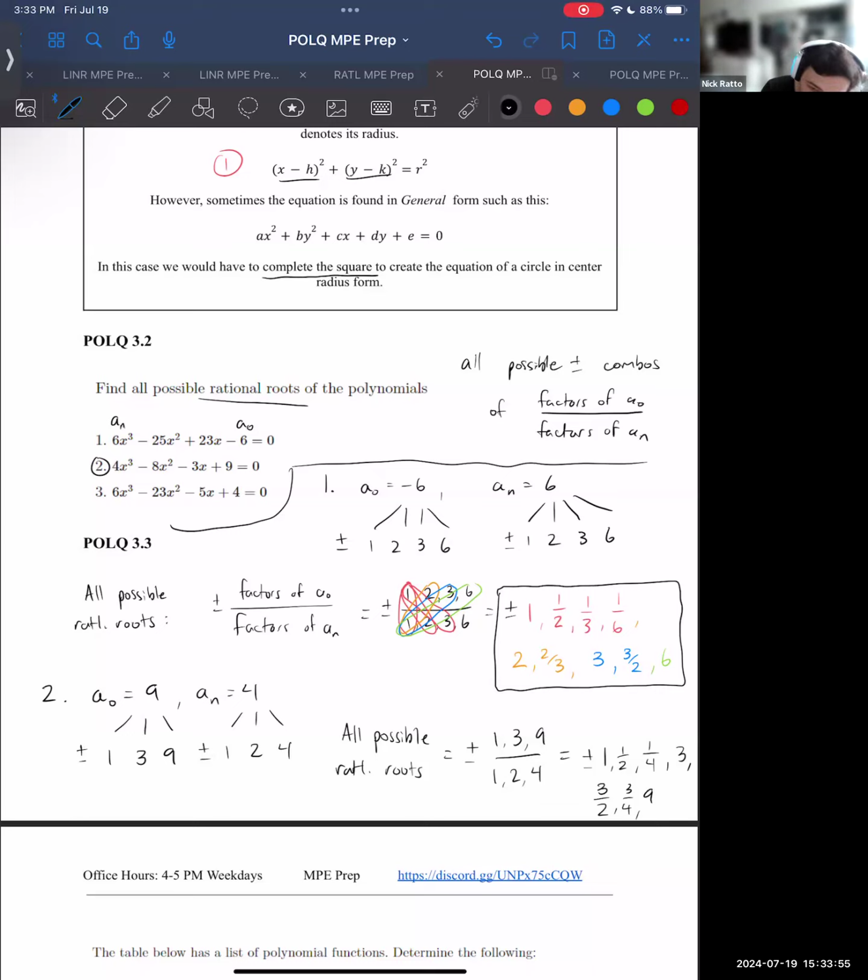Then 9/1 gives us 9. 9/2 gives us 9/2. And 9/4 gives us 9/4. And so once again, we have 9 distinct numbers and 18 distinct roots that we can check here, using synthetic division or long division, whichever one you prefer.